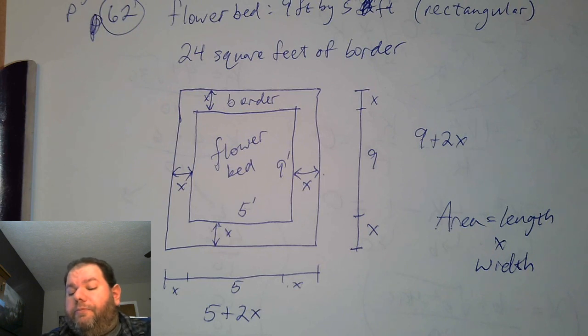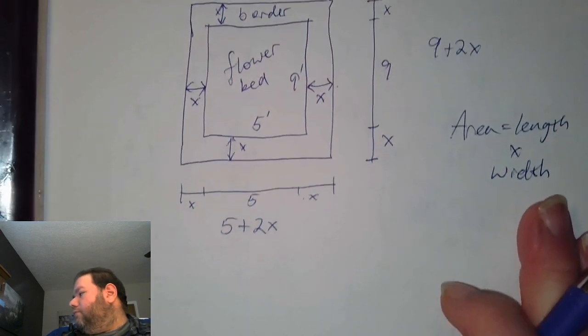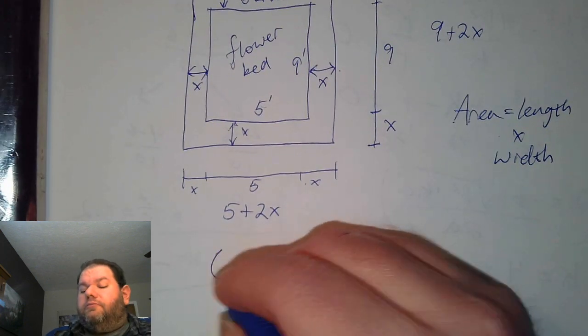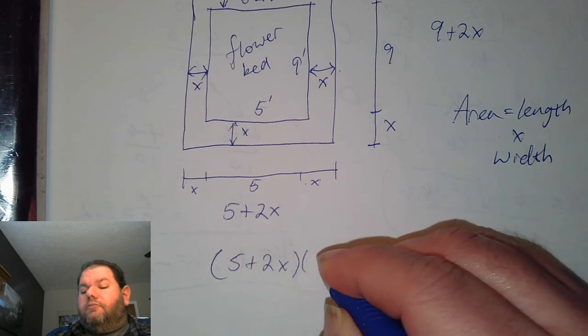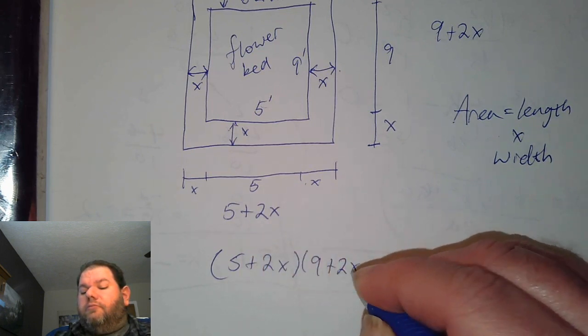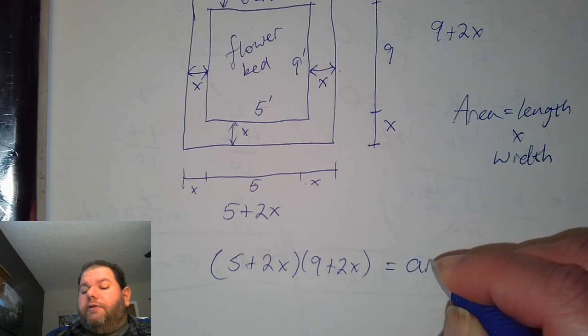So our length times width in this case is 5 plus 2x times 9 plus 2x, and that equals the area.